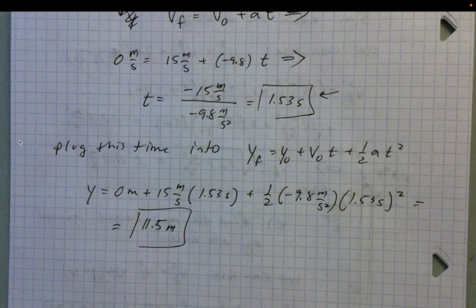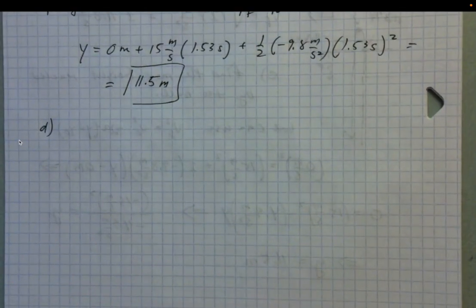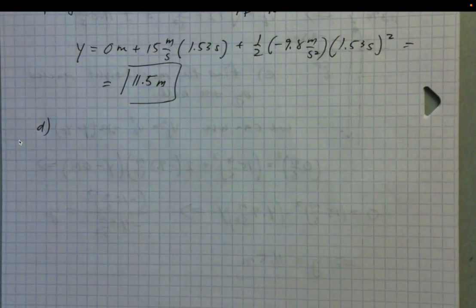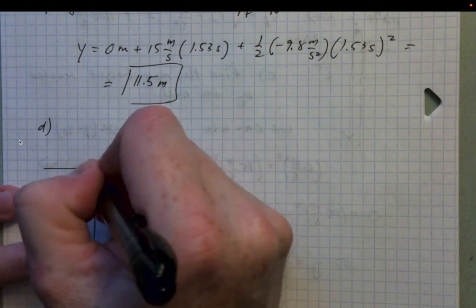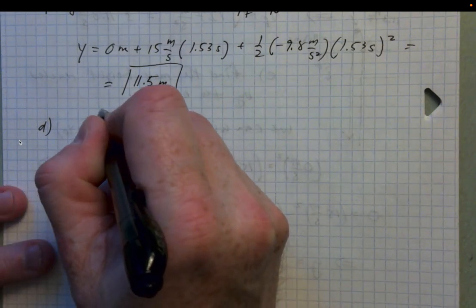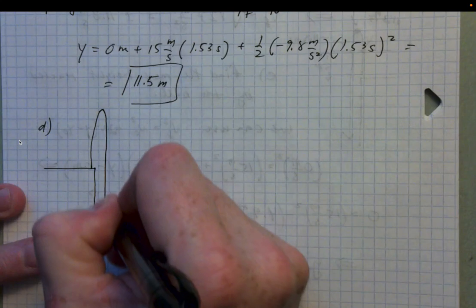Okay, and then part D, finally, for this problem. Part D is a question of what is the acceleration of the ball when it is at its maximum height. Okay, so I've got this ball, I throw it up, it hits this high point, and then it comes back down.